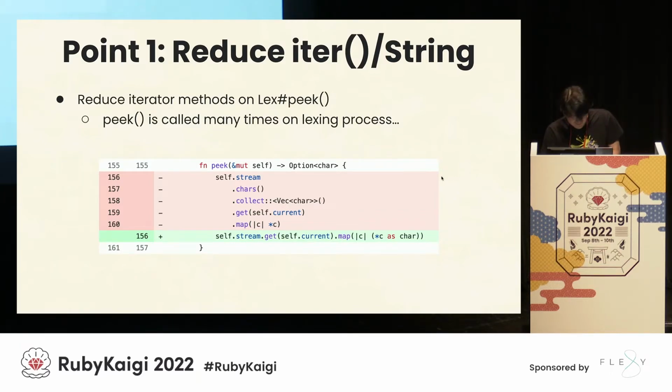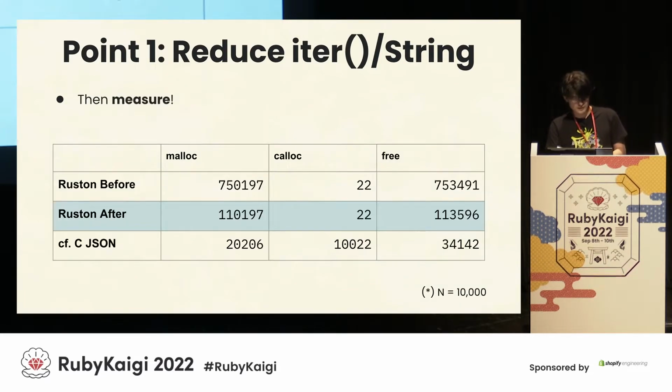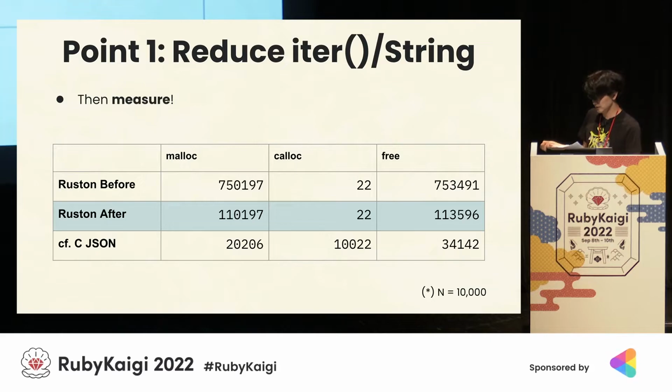So I changed the definition. This change leads to reducing the whole usage of Rust String. String is internally a vector, so this causes allocation. So I used a string slice instead. And then measured. The result seems to be not bad.